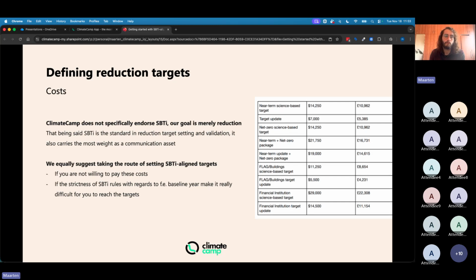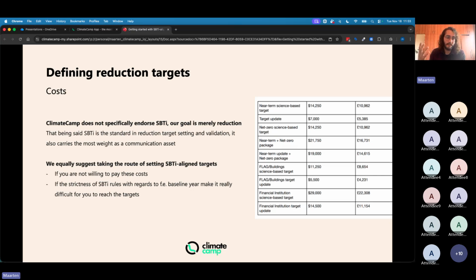So it's not just filling in a paper, it's not just filling in a document. You really need to make plans for how you will reach these targets. These are the indirect costs, but as you can see, there are different direct costs related to validating your targets, making updates to your targets.